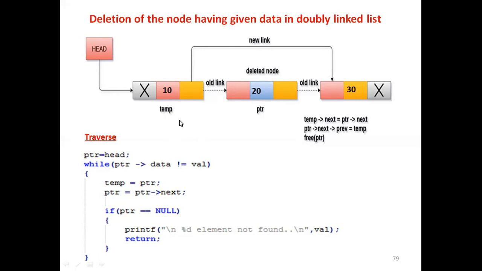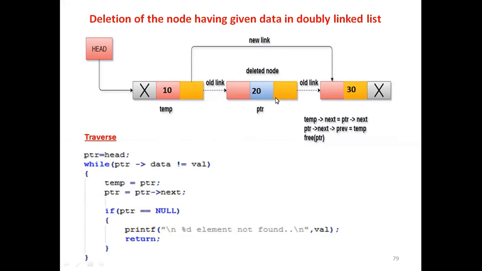You can see here two pointers we have used. The first pointer we have used is temp, and the next pointer is PTR. So the PTR pointer should point to the node where the data field value is matching, and the temp pointer should point to the previous node of that node. Is that clear?